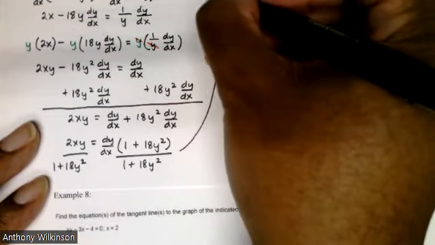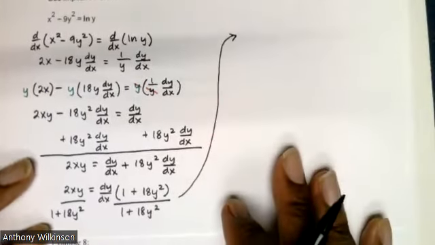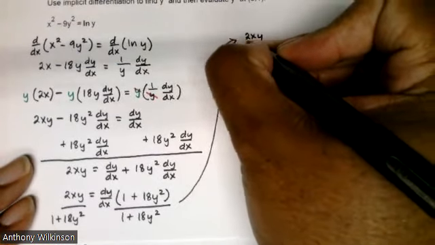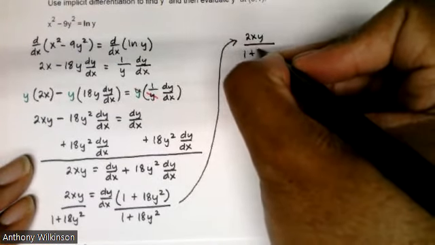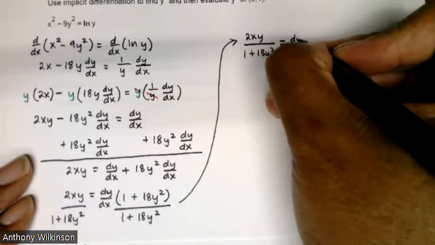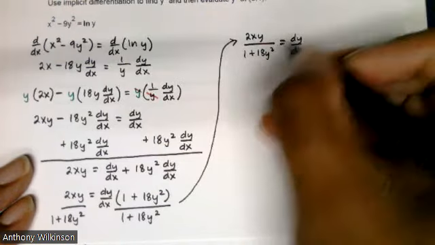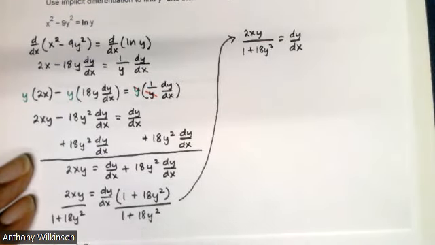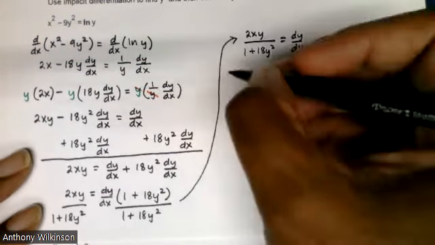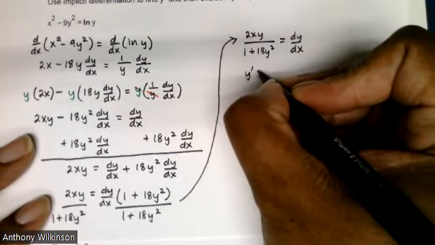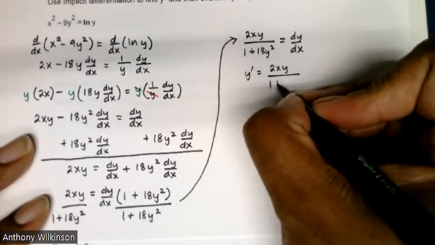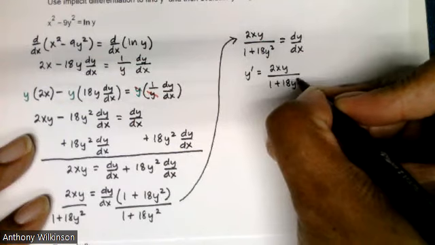Okay, and I'm going to continue this up here. So that means here that 2xy over 1 plus 18y squared will be equal to dy dx. Because this is gone, I'll be left with dy dx. Or we can just say that y prime is going to be equal to 2xy over 1 plus 18y squared.